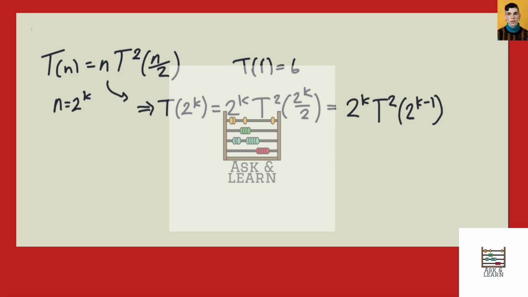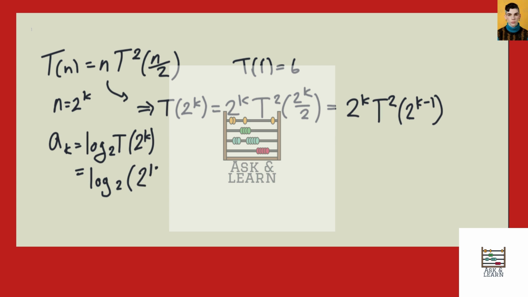And then we're going to make another substitution here where we let k equal log base 2 of T of 2 to the power of k. And when we do that, we get that this is equal to log of 2 to the power of k times T squared of 2 to the k minus 1.